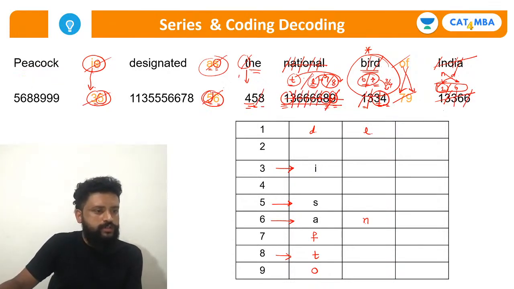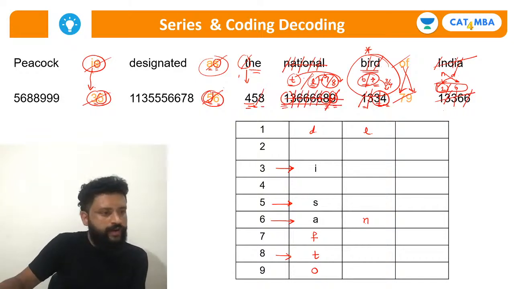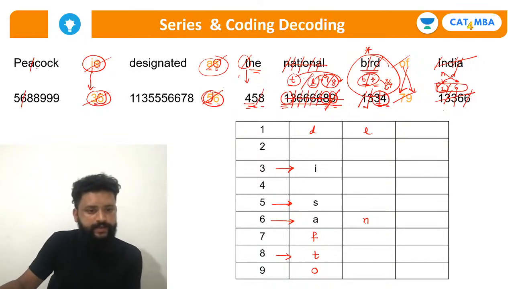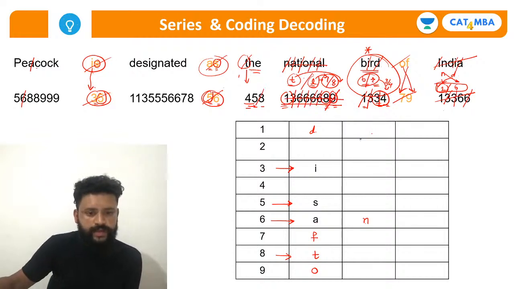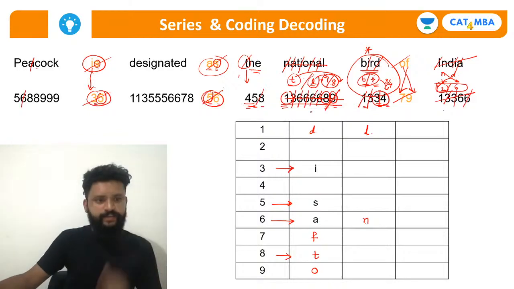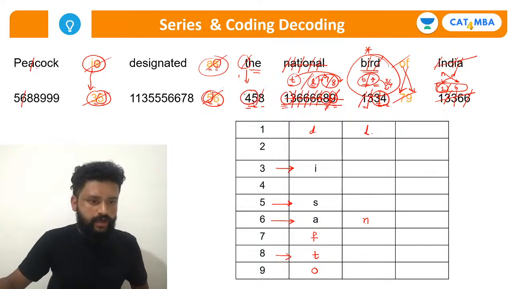We don't know the code for P, but we know the code for A as 6, then C, C, we don't know what is C. We don't have the code for E, but we know that E is out of 4 or 5.